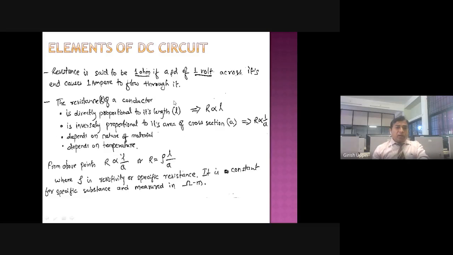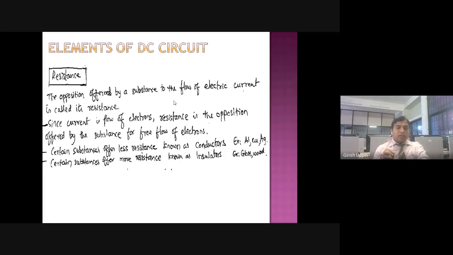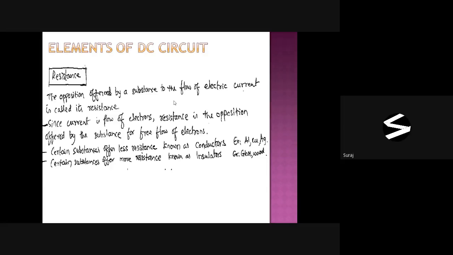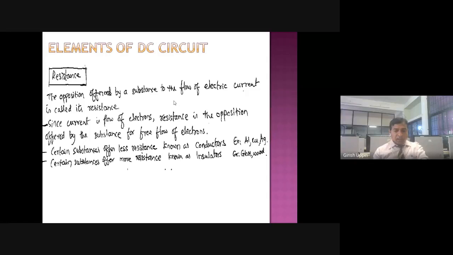Okay. Resistance of a particular substance depends on various factors. Do you know any of those factors? What does the resistance depend on? Temperature. Length of the conductor. Area of cross section of the conductor.